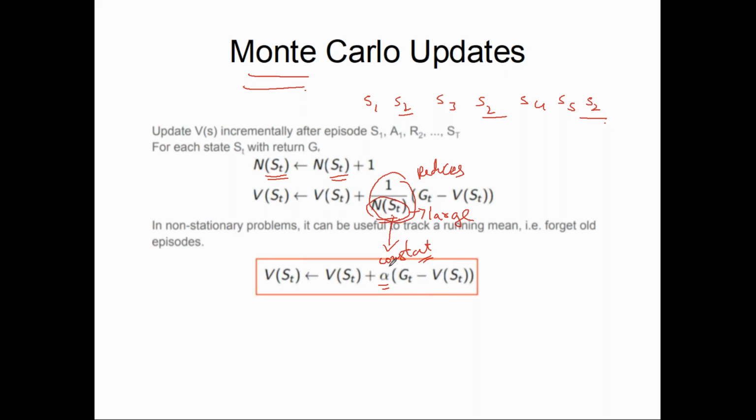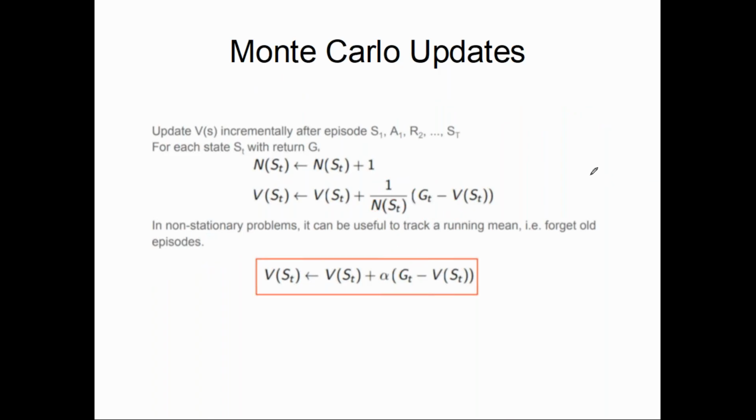To avoid that issue, they are using a constant. So this is all now helping us to find out the state values. That means we are able to evaluate and give the state value.